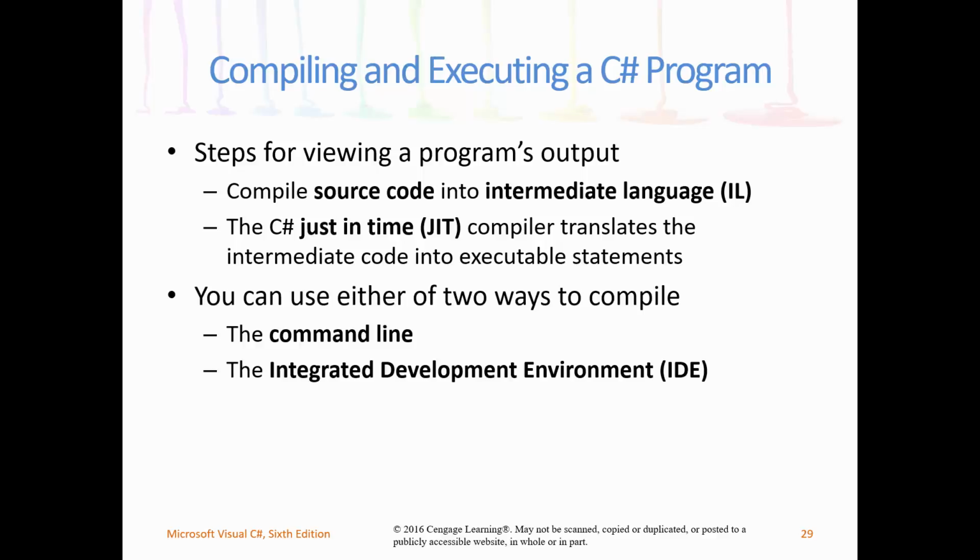I already showed you both of these. I showed you the command line, but remember the first thing I showed you was I put the button in there. When we clicked it, it said you just click the button. So you've already seen how to compile and how to run from the command line and how to compile and how to run from the IDE, a GUI, a graphical user interface.